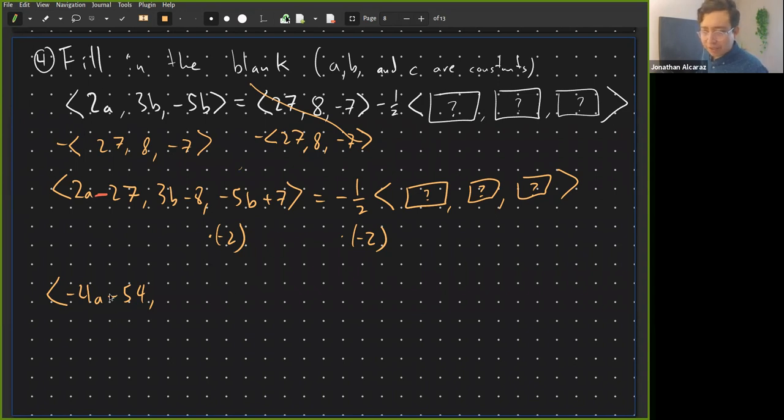Cool. So then this should be plus here. Multiplying again by negative 2, negative 6b plus 16, and then 10b minus 14. And now we've solved for these blanks.